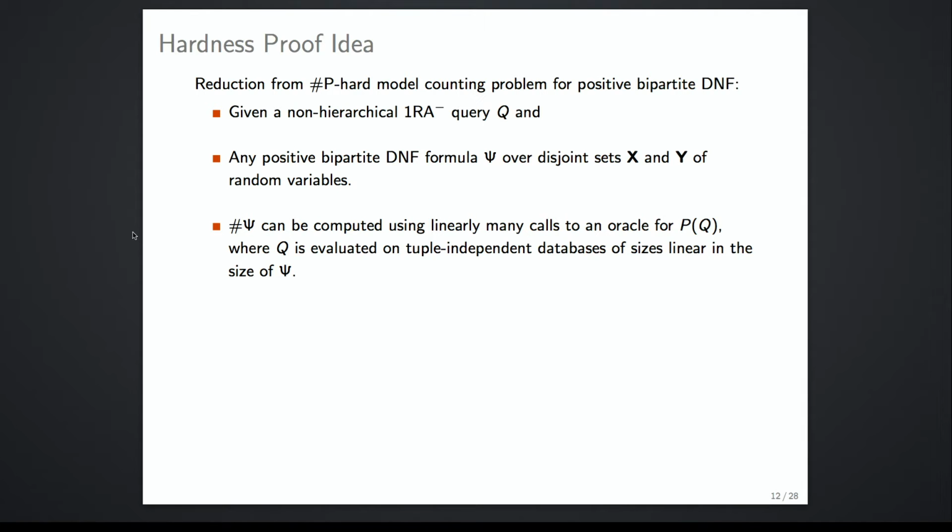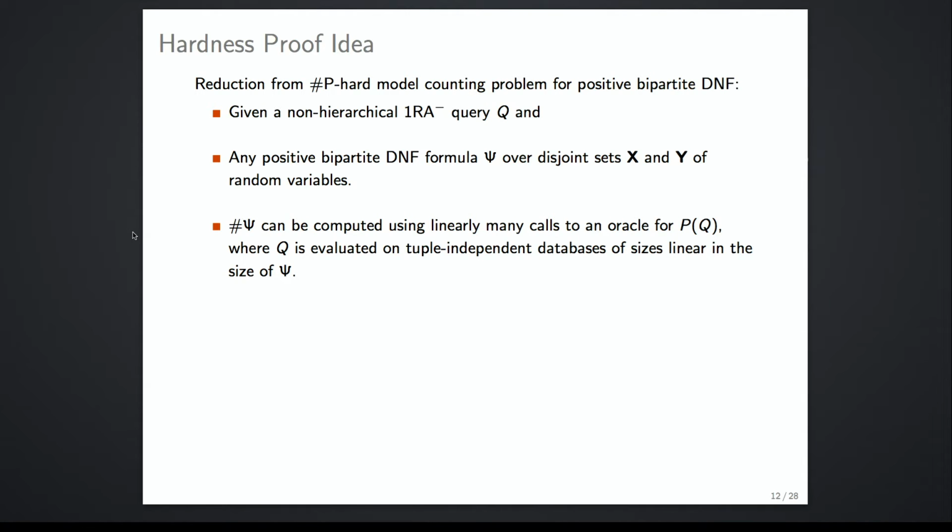The idea is that if you compute the number of models of psi, you can use linearly many calls to an oracle that computes for you the probability of the query. The way you do it, you take the formula and generate a database such that the grounding of the query with respect to that database is in fact your original formula, or a formula which helps you compute the models of the original formula.